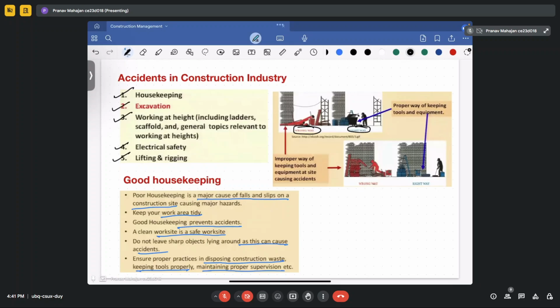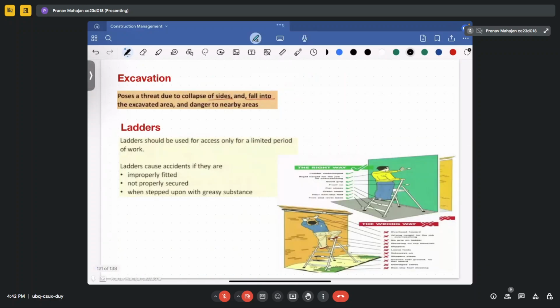This is also another way of not keeping things at proper intervals, or not following good housekeeping. And this is the right way of keeping the equipment at a particular site, because the other may lead to the fall of the object. Here the objects are properly settled, and they will not fall during the particular activities. Another is excavations.